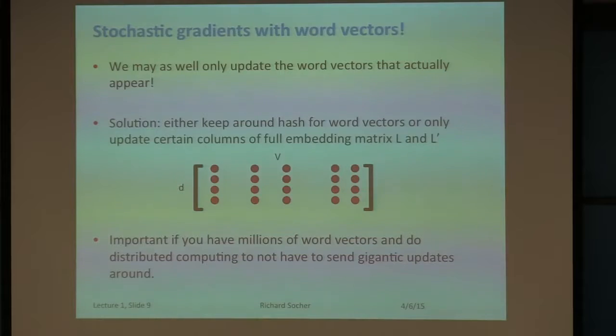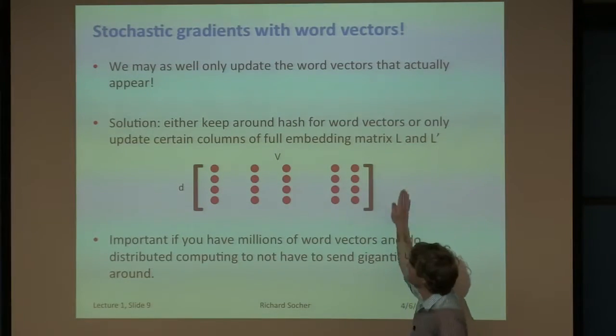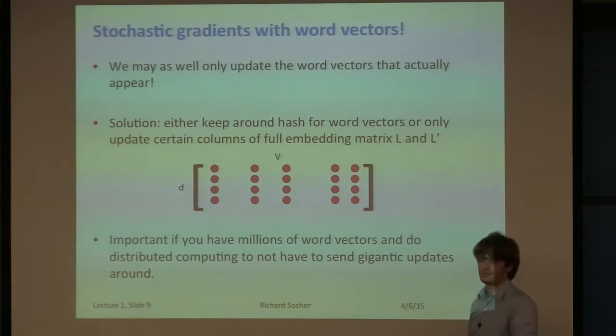So in practice, what you will want to do is either keep a hash for all your word vectors, and you look up a hash and have your gradients inside a hash, or you will have a sparse update where if you have your L and your L prime matrix, the lookup tables that include all the different vectors, you'll only update one vector at a time.